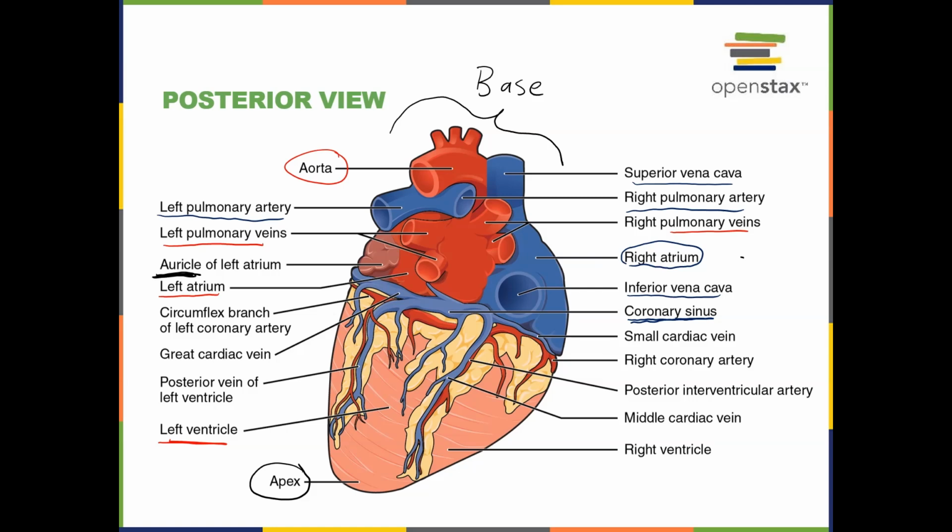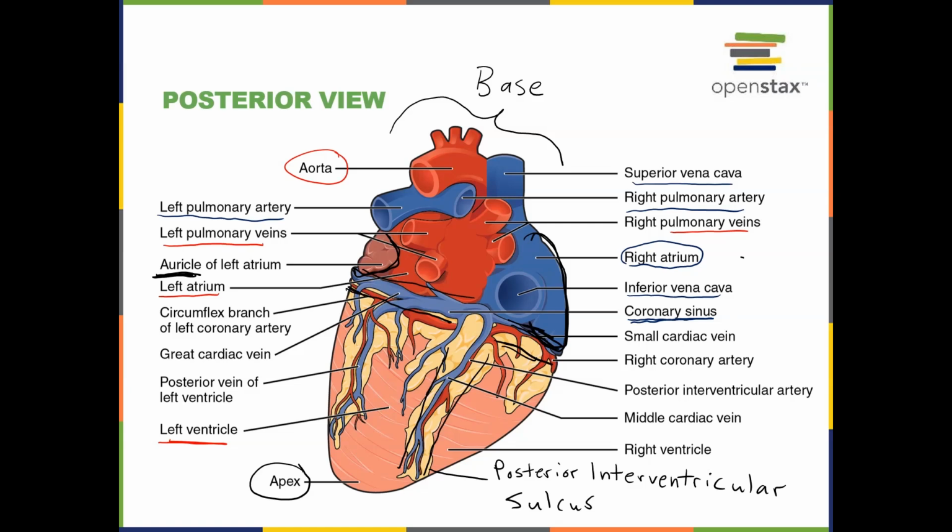The auricle of the left atrium is a flap-like outer portion that allows the atria to expand. The adipose tissue as well as the arteries and veins are found within these grooves on the surface. We call this the posterior interventricular sulcus.